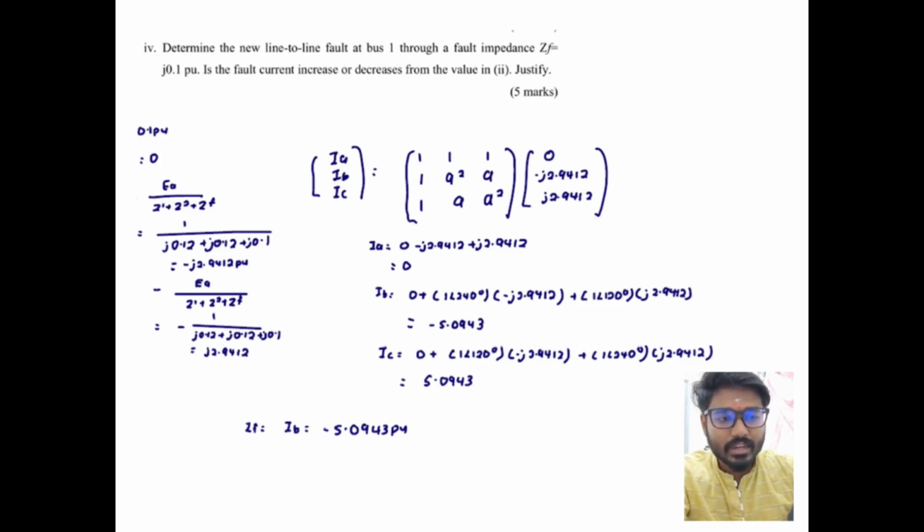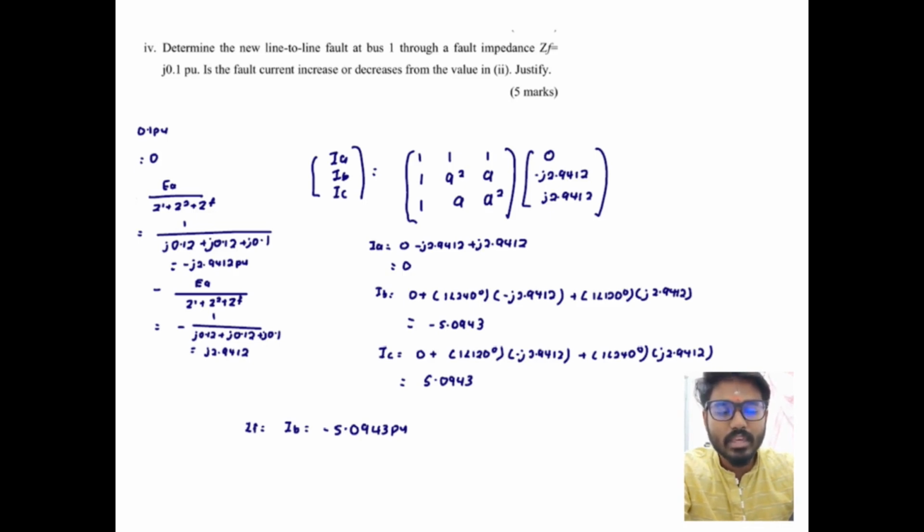Alright, in order to find IA, IB and IC, a 3 by 3 matrix has been used, which is multiplied with IA0, IA1 and IA2. For IA, it equals 0 minus J2.9412 plus J2.9412, which ends up 0.